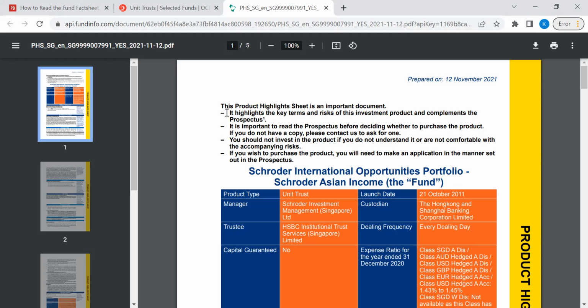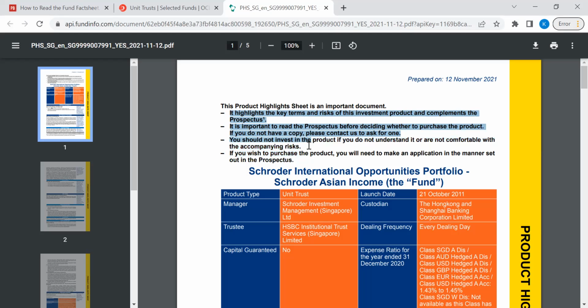It highlights the key terms and risks of this investment product and complements the prospectus, right? It's important to read the prospectus before deciding whether to purchase this product. If you do not have a copy, please contact to ask for one. You should not invest in the product if you do not understand or are not comfortable with the accompanying risks, right?